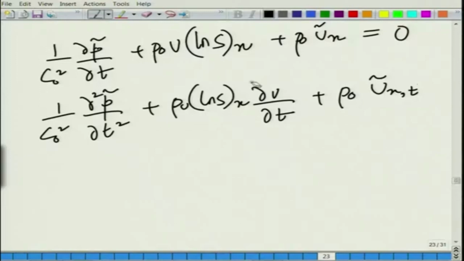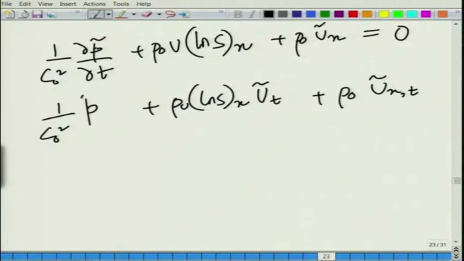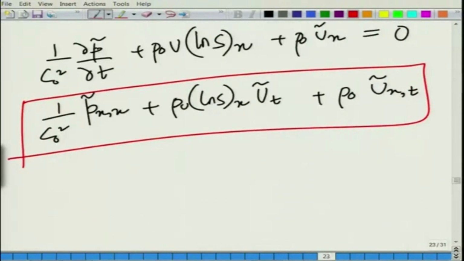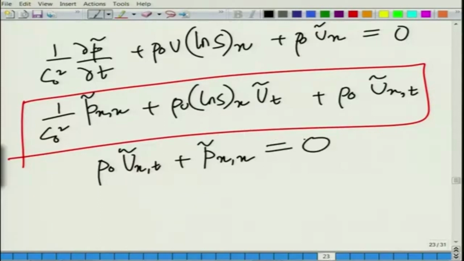I can write it in terms of p tilde x x, that means twice partially differentiating the pressure with respect to x. And from equation 2, we get rho naught times u tilde x t plus p tilde x x is equal to 0.